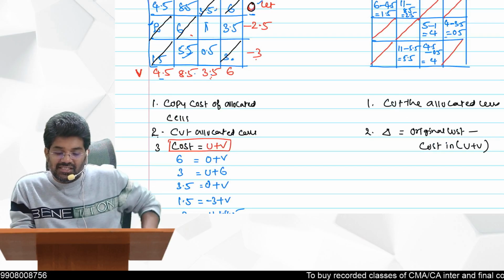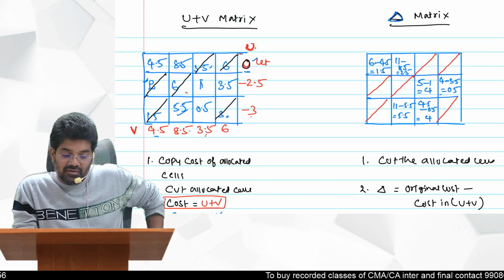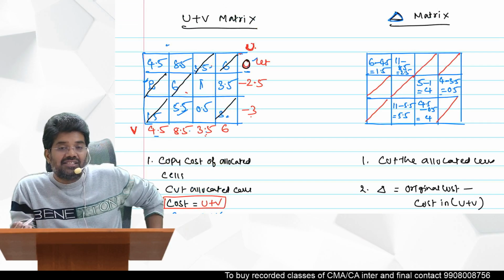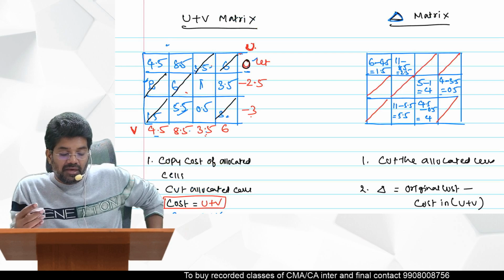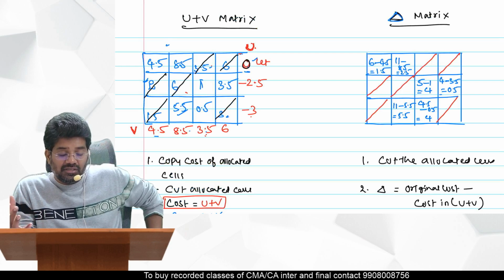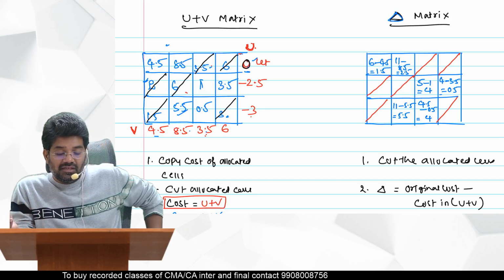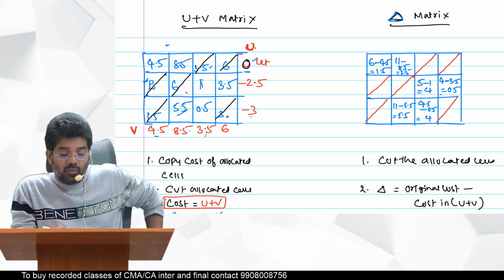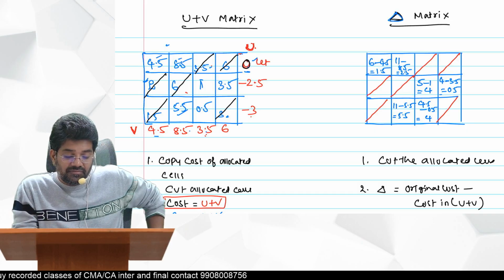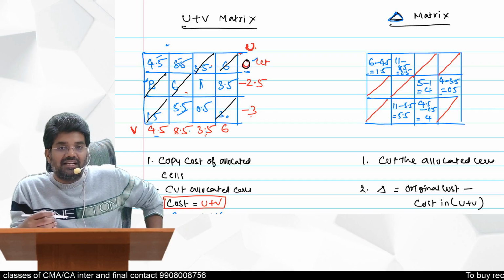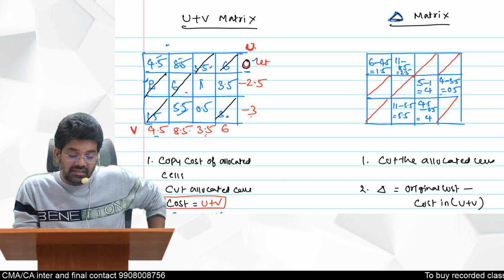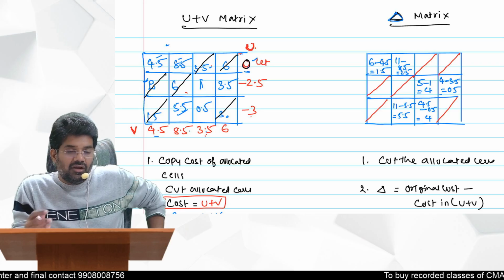So what does this indicate now? Here you calculated the unallocated cells' cost. When you compare with the other allocated cells, what is the cost of these cells you calculated? For whatever you have allocations, all of them were done at least cost only.